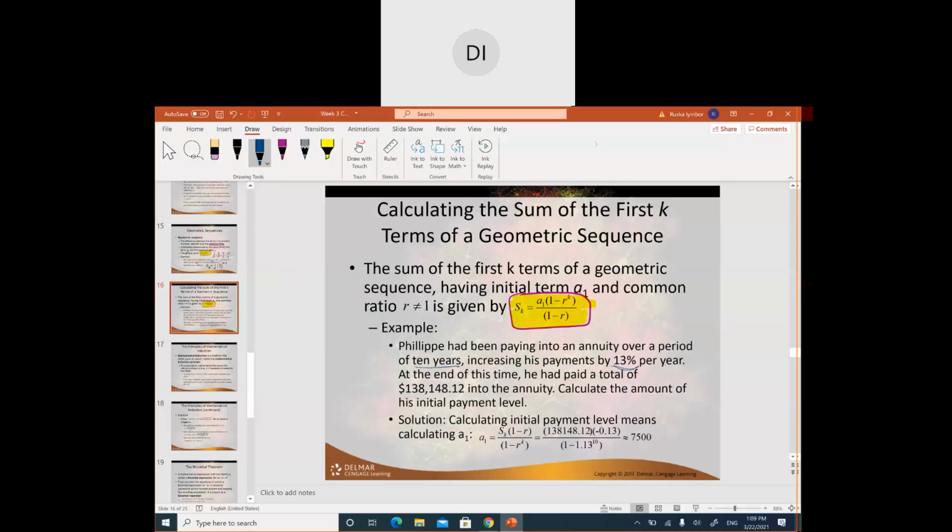At the end of this time, he had paid a total of, so this is the amount he's paid into the annuity, right? Calculate the amount of his initial payment level. So they're asking, what is A1? Initial payment is A1. So you need to find A1, okay?